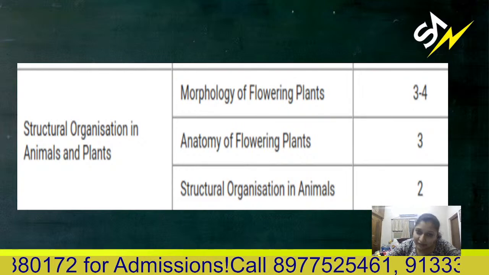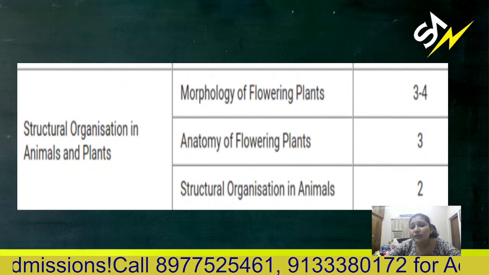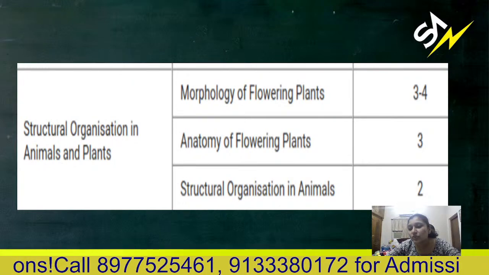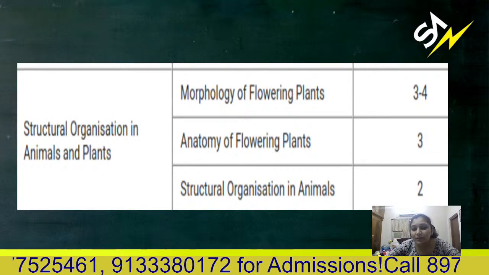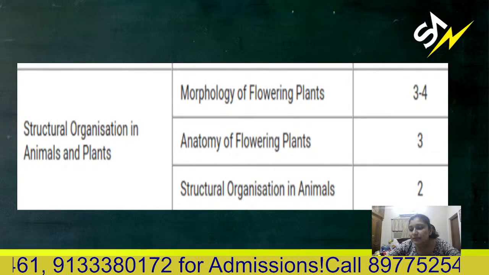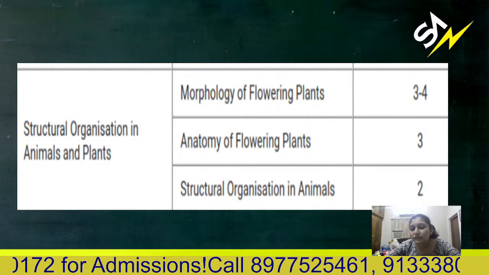Morphology you can understand from the basic outer structure. For anatomy, you need to look into the tissue level, at the cellular level. So from this anatomy chapter also you can secure around 12 marks from this lecture.